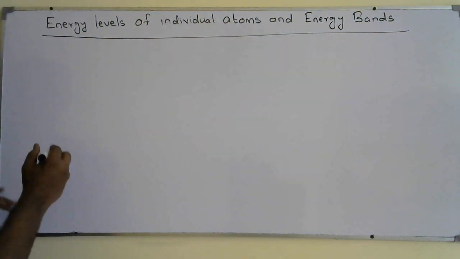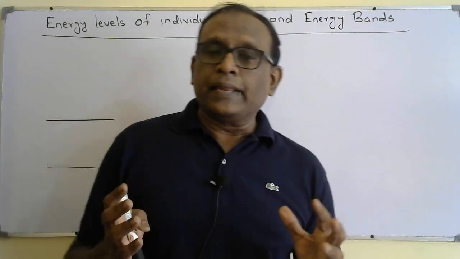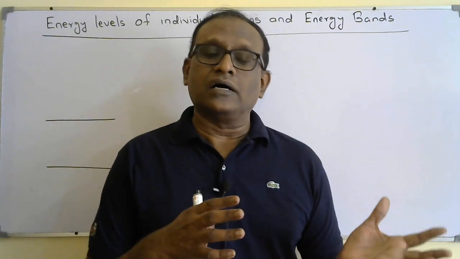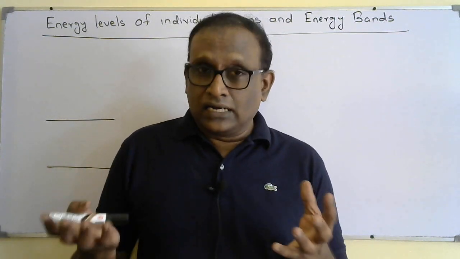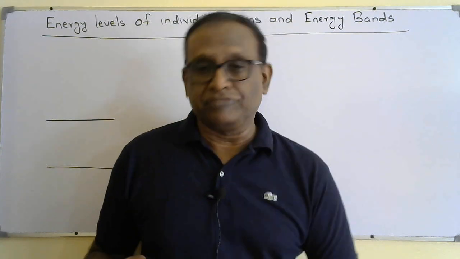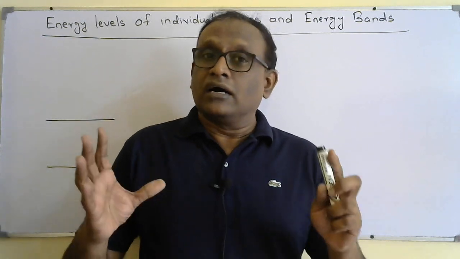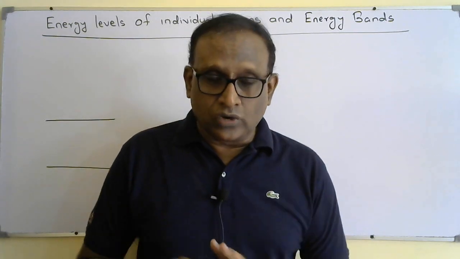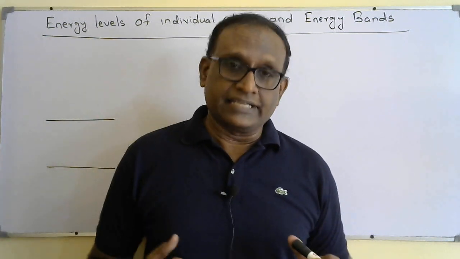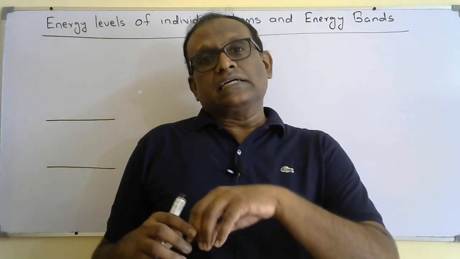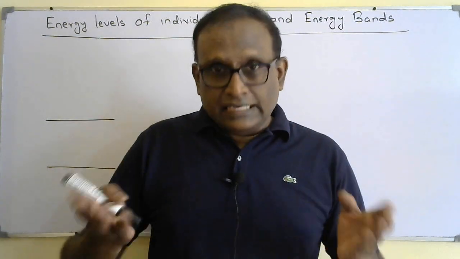Now, the reason solids form chemical bonds with the neighboring atoms is to get a stable electron configuration. I told you that in semiconductors, they form covalent bonds to get the required electron configuration. So we can imagine the valence band as the valence electrons that provide the required electron configuration.